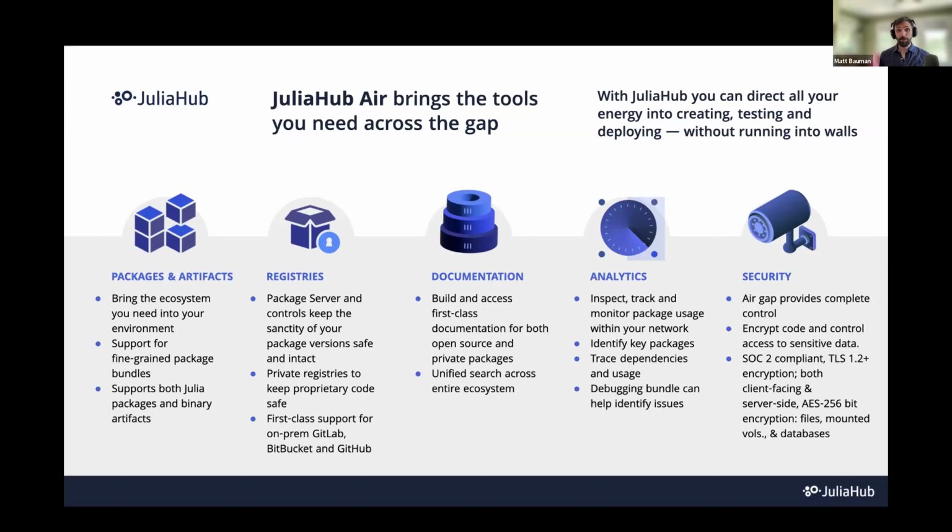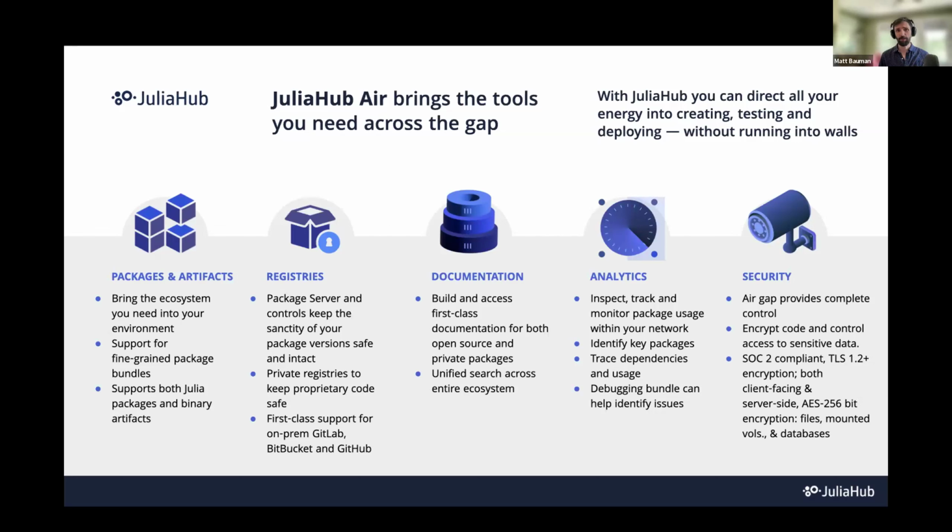The documentation that you need in order to code against these things, right? It can be a challenging environment to do your development if you don't have access to the documentation. JuliaHub builds that both for the open source and proprietary registries that you have. There's analytics, traceability, and auditing built into the platform where you can track package usage, see what are the key packages that your organization depends upon to help support and build out your community.